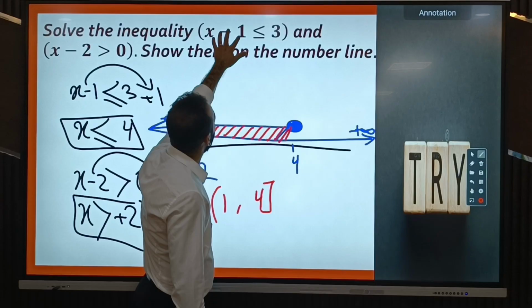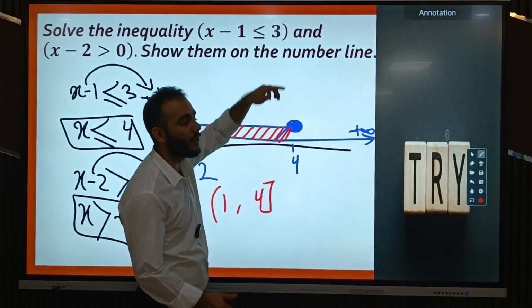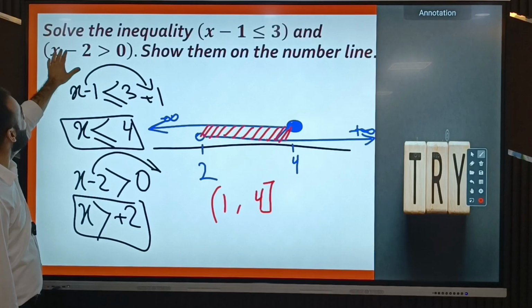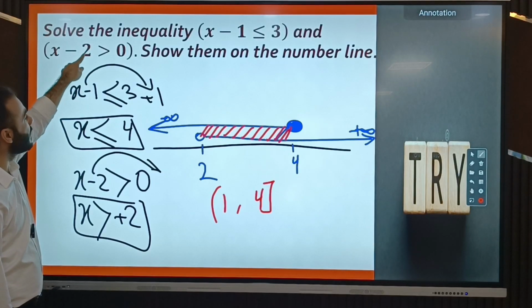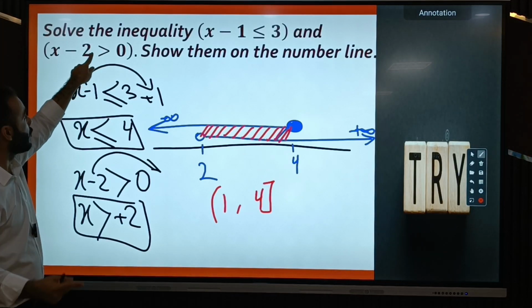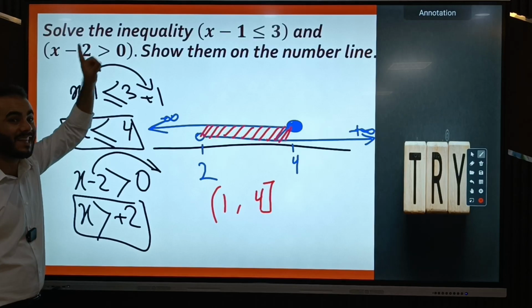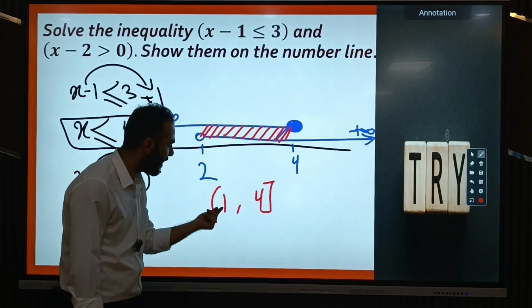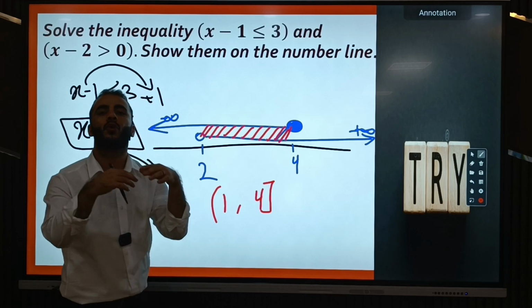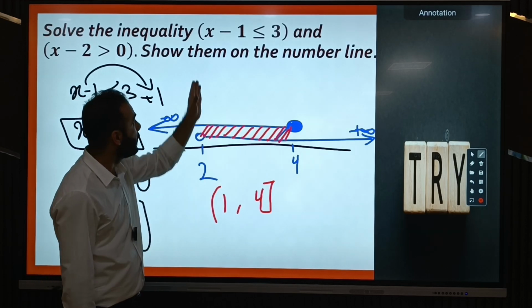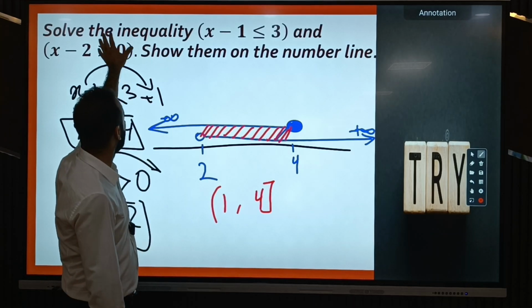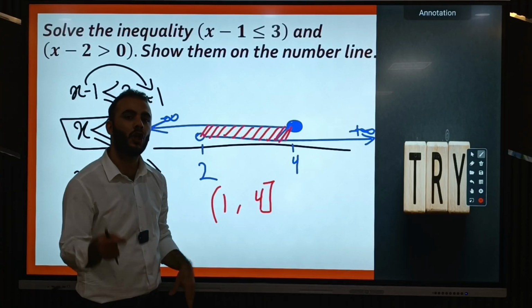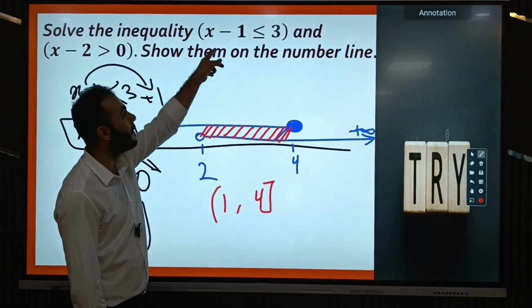Okay, 1 minus 1, 0. 0 is less than 3. No problem with that. How about here? 1 minus 2, it's negative 1. So negative 1 is not bigger than 0. That's why we made an open interval here, because that set doesn't include 1, because 1 doesn't satisfy that inequality. A number that is going to be included in that set should work for both inequalities.